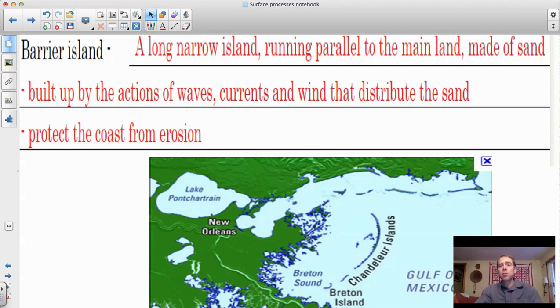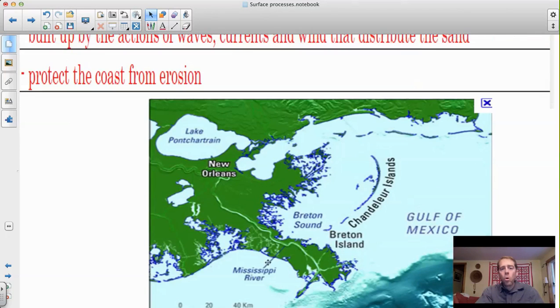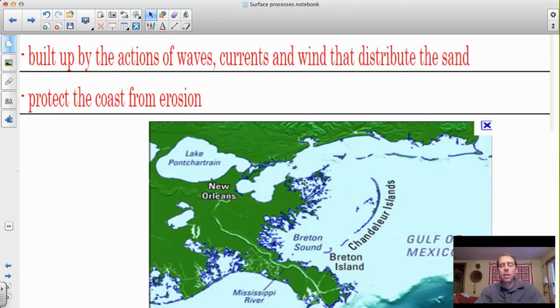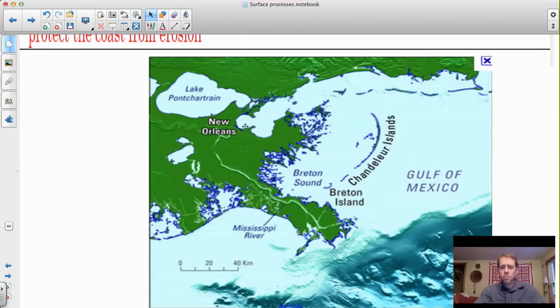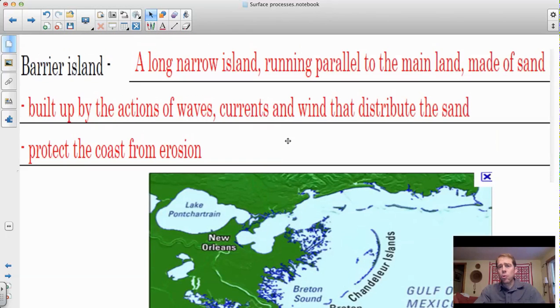When it hits the ocean, it slows down and drops that material. And it drops so much of it that it built this whole area. This whole thing is a delta that was created by the Mississippi over thousands and thousands of years, millions of years probably. So this is a great example of erosion and deposition affecting and changing an area.